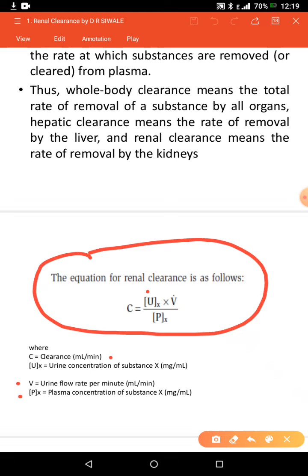So renal clearance is just the ratio of urinary excretion to plasma concentration. For a given plasma concentration, the renal clearance of the substance increases as the urinary excretion increases.